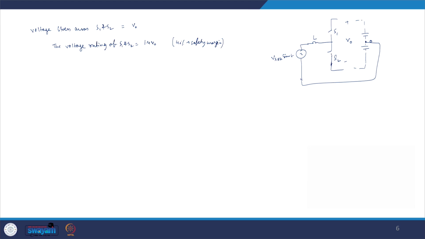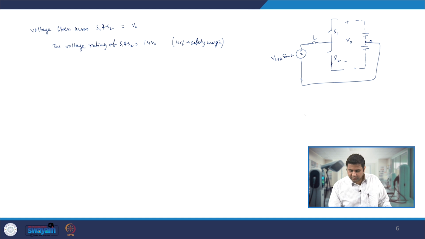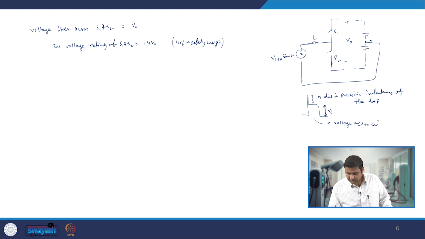At the same time, when you switch off one of the switches, the parasitic inductance will come into picture, and when you switch off, the voltage across the switch will look something like this, where this is nothing but the V0, and this is due to parasitic inductance of the loop. This is the voltage across S1 and S2.